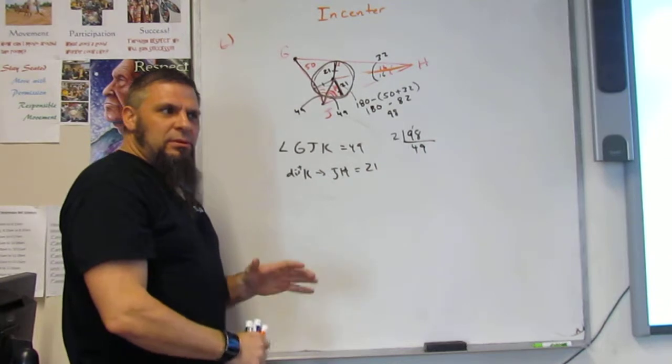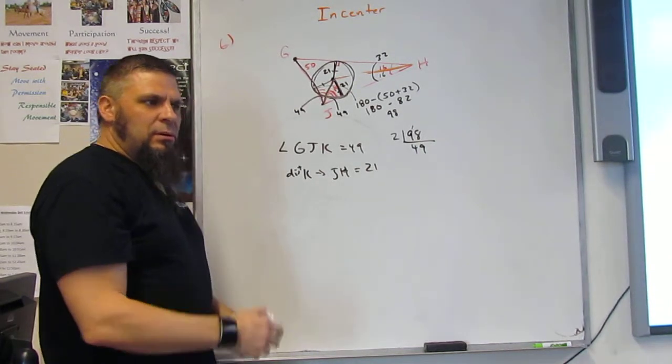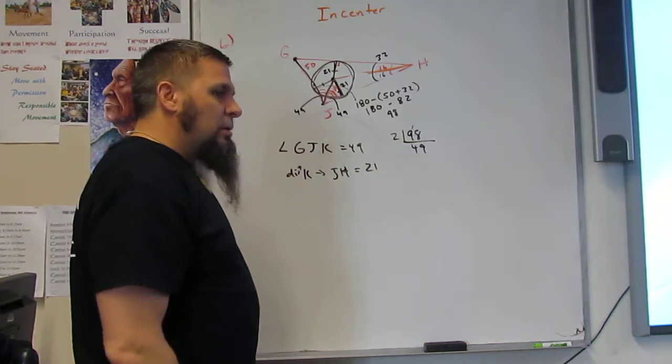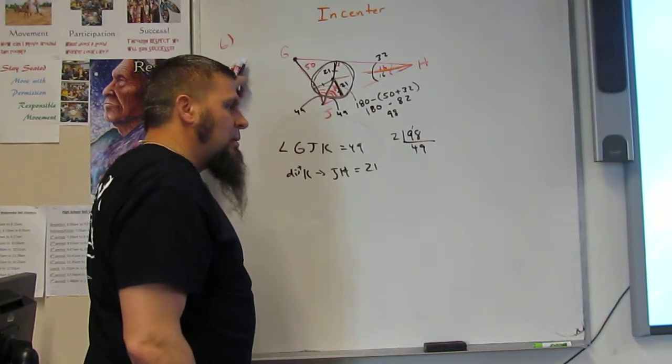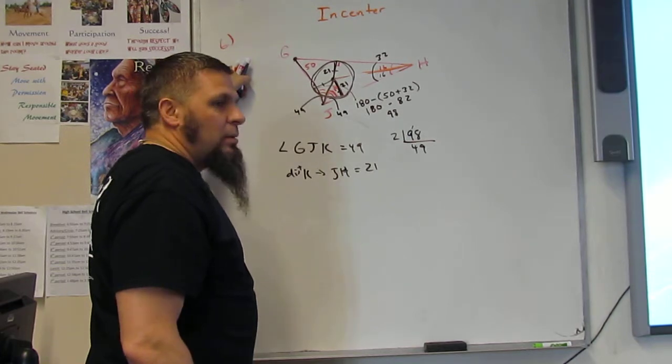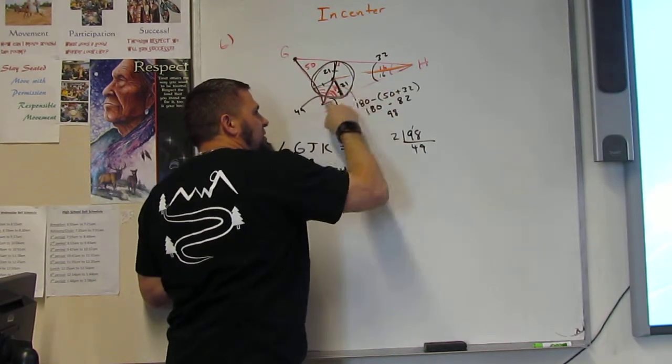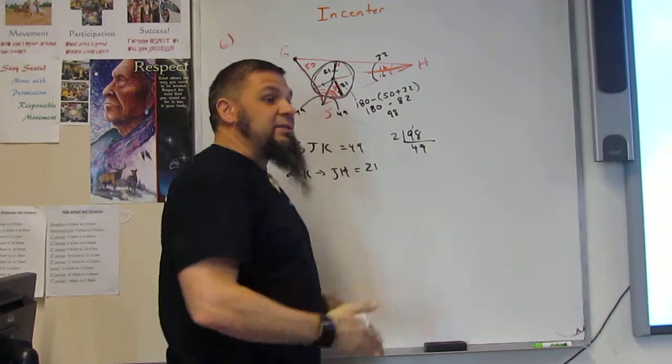Questions? So wait, K to HJ was the distance from K to HJ. What does it mean by that? The distance from K to JH. It's just saying the shortest distance is a straight line.